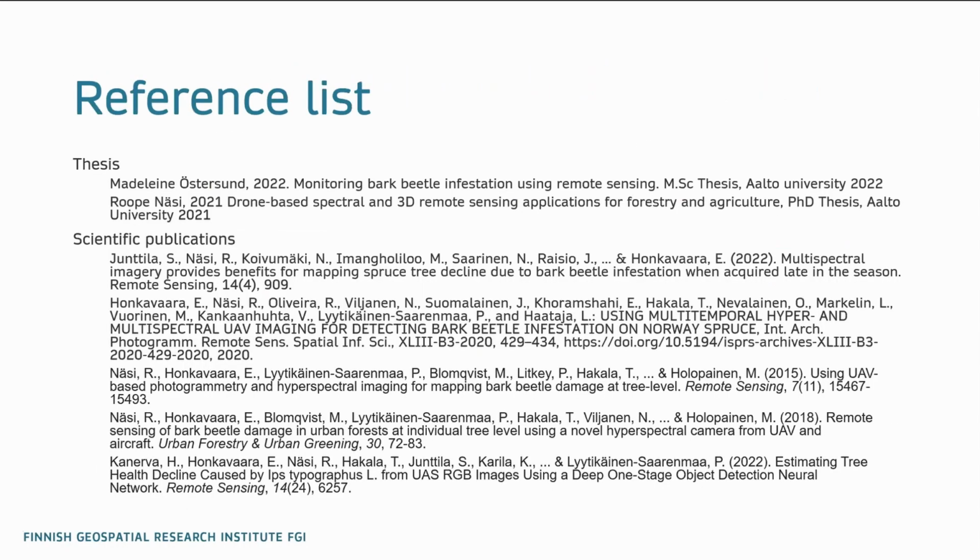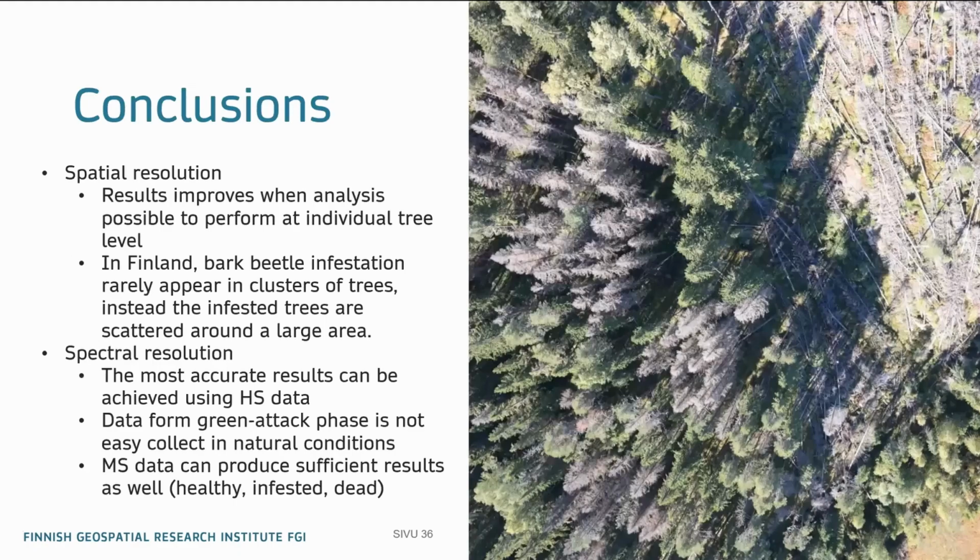Yep, here is the reference list, which my presentation was based on, and then some last conclusions. We can conclude that the results usually improve when the analysis is possible to perform at the individual tree level in comparison to the pixel or area-based level.